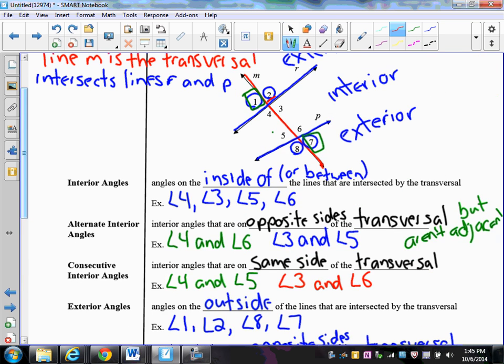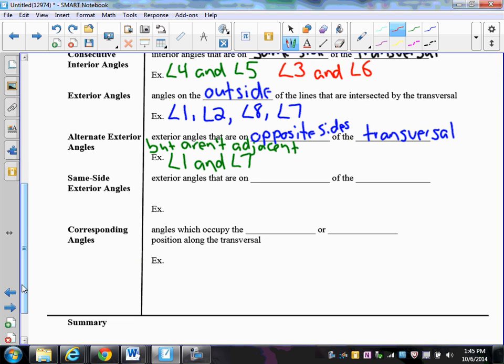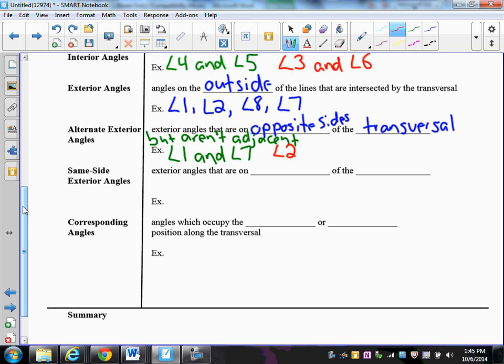I also have angle 2 and angle 8, opposite sides of the transversal, both on the exterior. So angle 2 and angle 8. I also have same side exterior angles, which you should be able to guess the definition of.